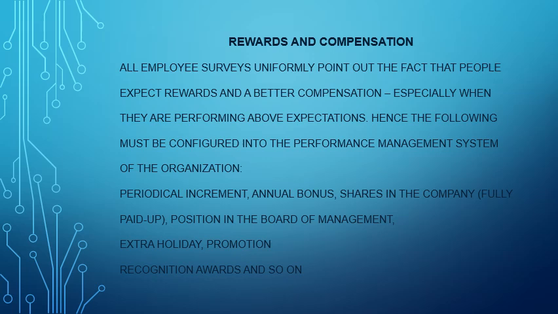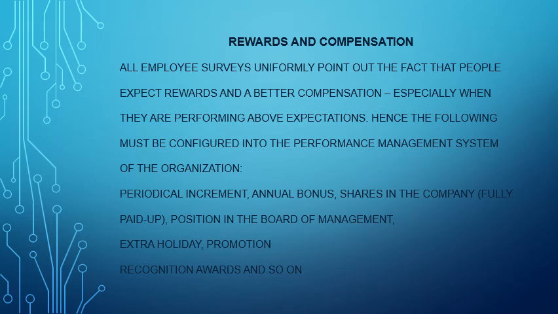Then comes the rewards and compensation. All employee surveys uniformly point out the fact that people expect rewards and a better compensation, especially when they are performing above expectations. Hence, the following must be configured into the performance management system of the organization: periodical increment, annual bonus, shares in the company, fully paid up.